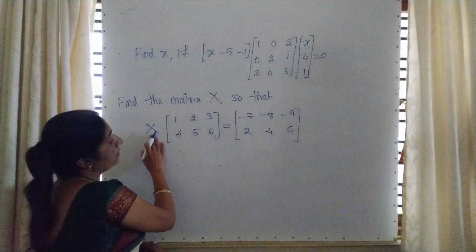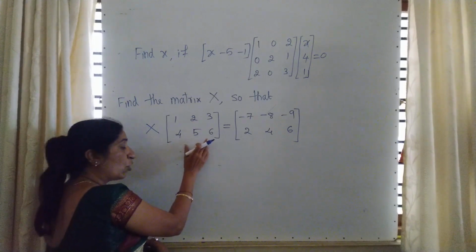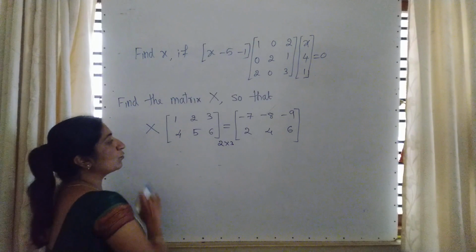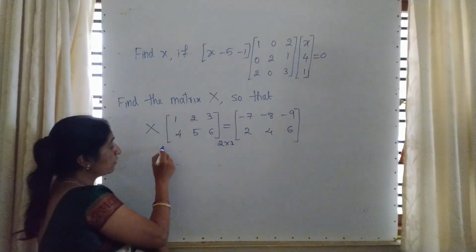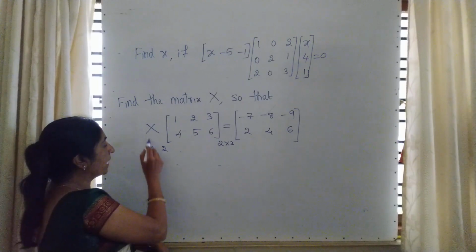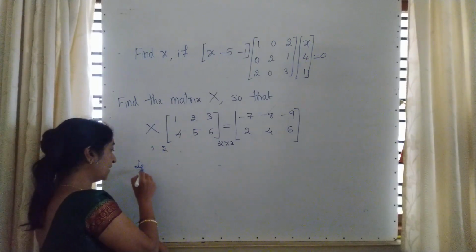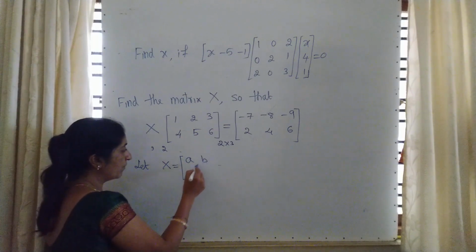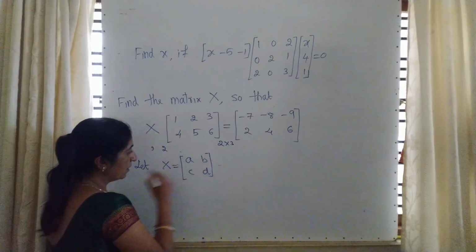Here for X, they are asking what is the order of this matrix. This order is 2 by 3, and here to find X means its column should be 2. I am taking X as a 2 by 2 matrix. Let X is equal to A, B, C, D.